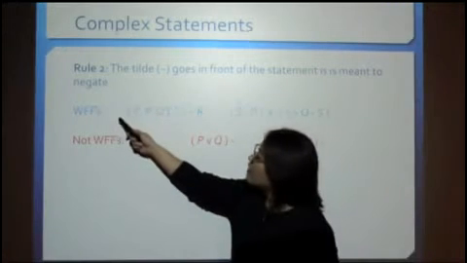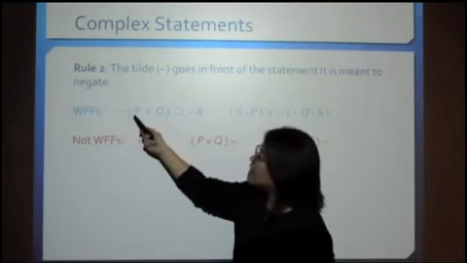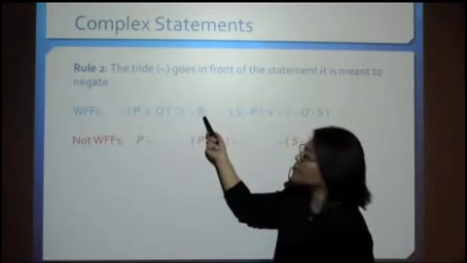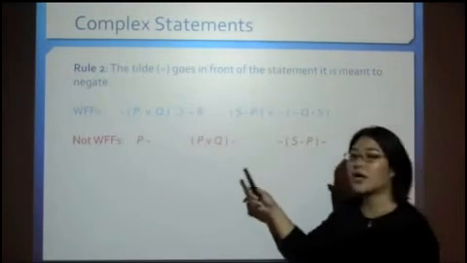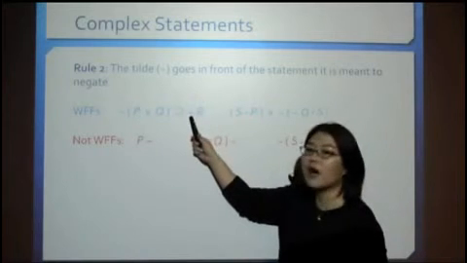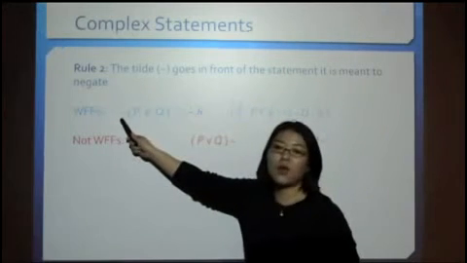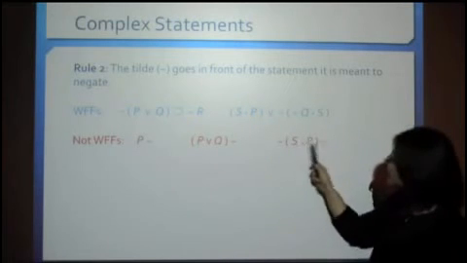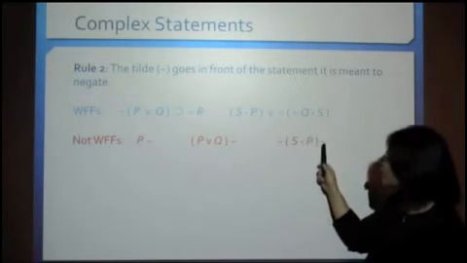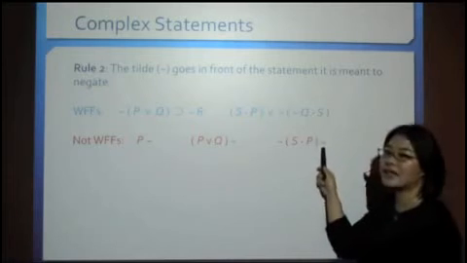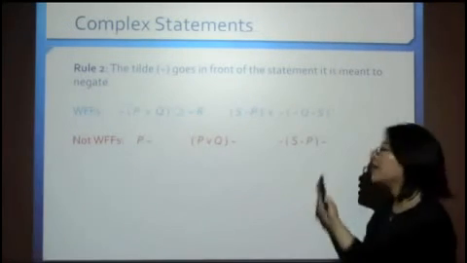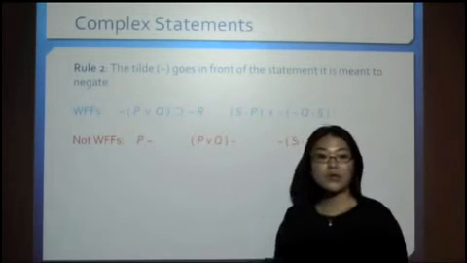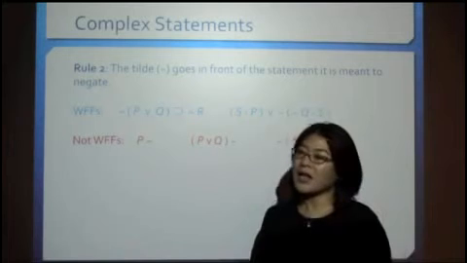So here we have this negation negating the entire compound statement, and here we have the negation negating this simple statement, okay? This is why you have to have the negation out in front on the left side of whatever statement the negation is negating. So here, having the negation on the right side doesn't give us any idea on what it is that negation is negating, okay?